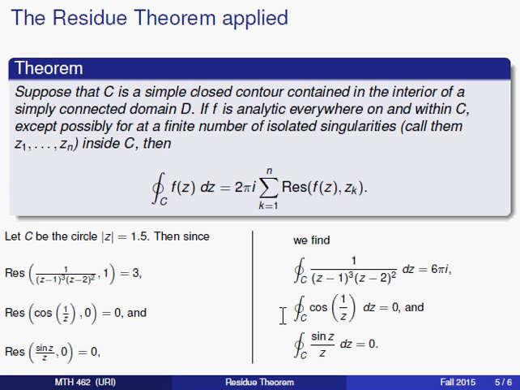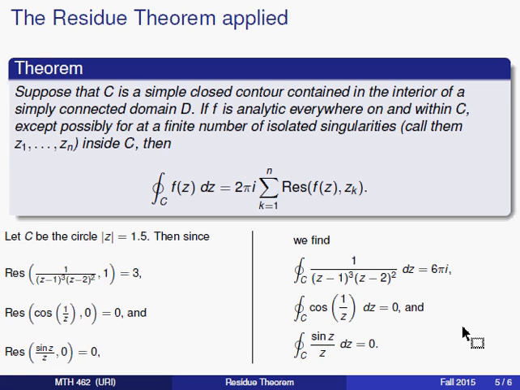But none of those theorems could have touched this integral, and trying to do it in a brute force way would also have been doomed to failure, because cosine of 1 over z is just not a very nice function when it comes to trying to apply those theorems. It doesn't have the right form we would need. But the residue theorem makes very quick work of that integral, and so it's very handy.